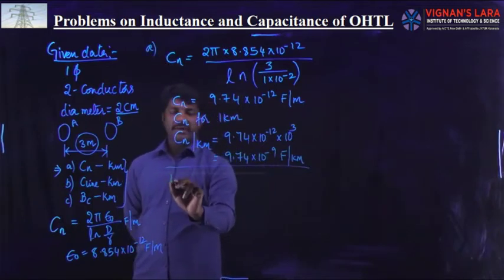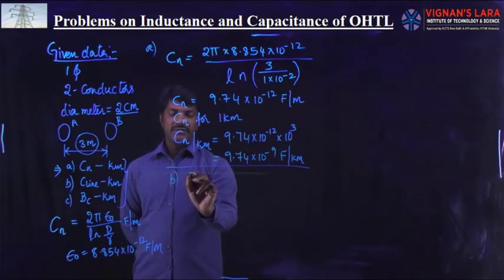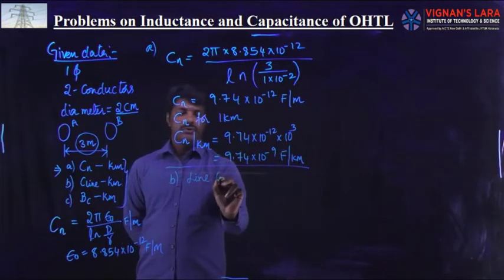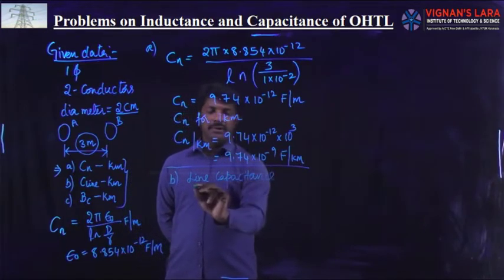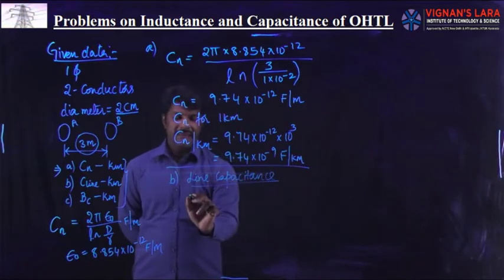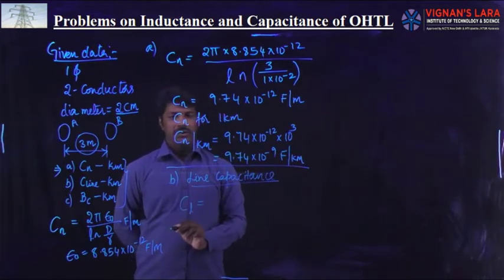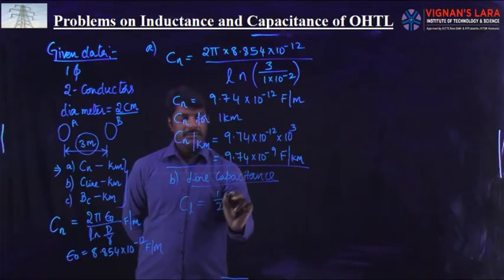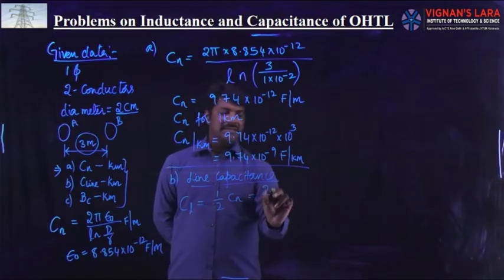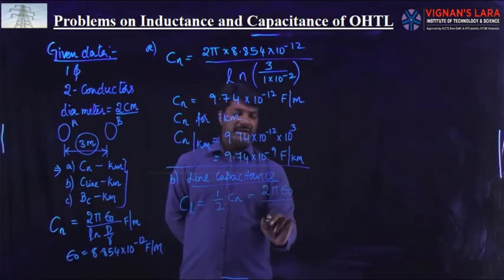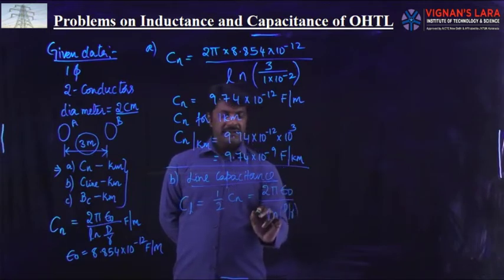Coming to the B part, they are asking us to find the magnitude of the line capacitance. So far what we calculated is the neutral capacitance. The line capacitance CL is equal to half of the neutral capacitance. That is, the neutral capacitance, 2 pi epsilon naught divided by ln of d by r, should be halved.